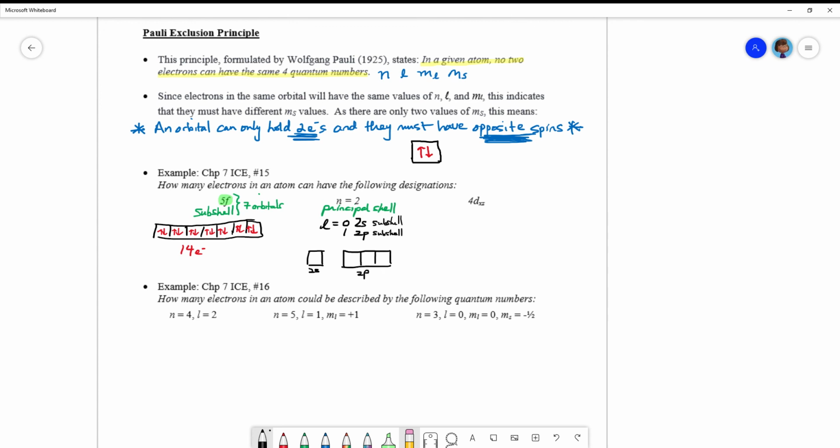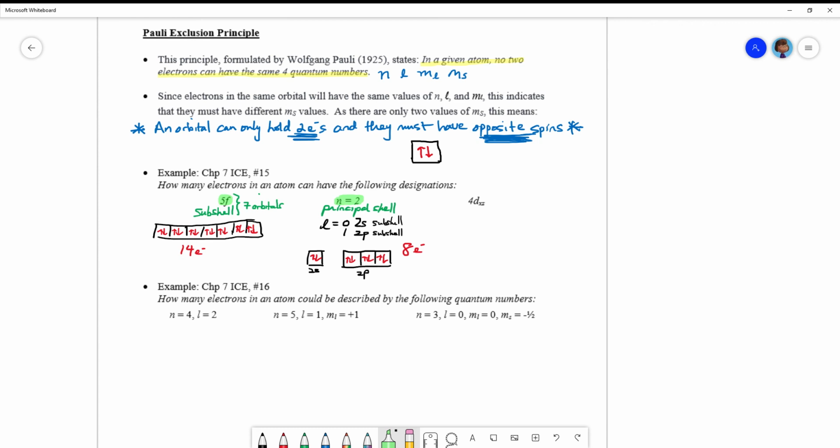So now I have the 2s subshell and the 2p subshell shown here with the correct number of orbitals. So how many electrons? Well, 1, 2, 3, 4, 5, 6, 7, 8. And so the answer here is that 8 electrons can have the designation n equals 2.